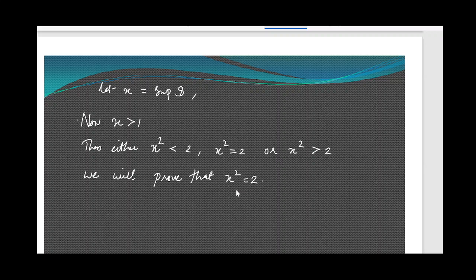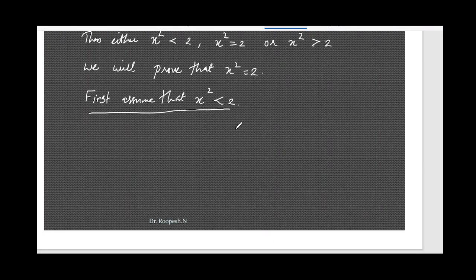So the only possibility should be x square equal to 2. So first we will assume that x square is less than 2, and we will prove that this is not possible. Next, we will assume x square is greater than 2, and that also we will prove is not possible. So the only possibility should be x square equal to 2. That's our proof structure.